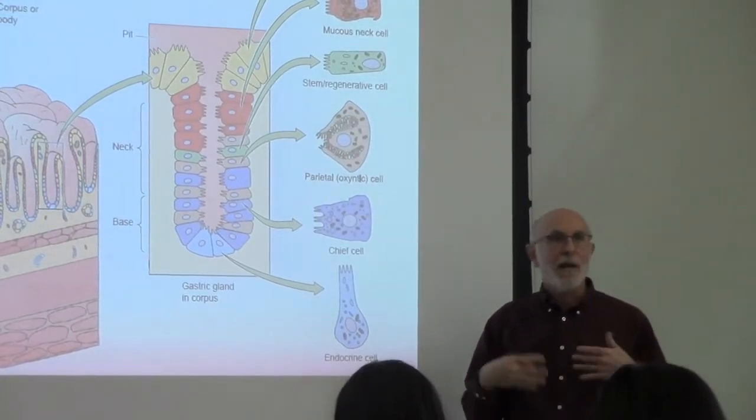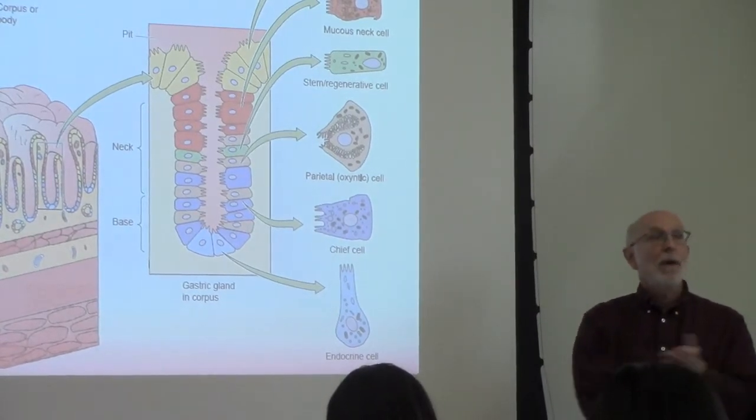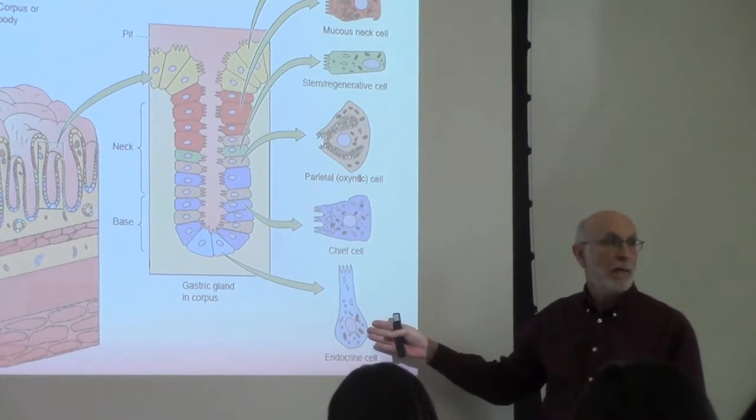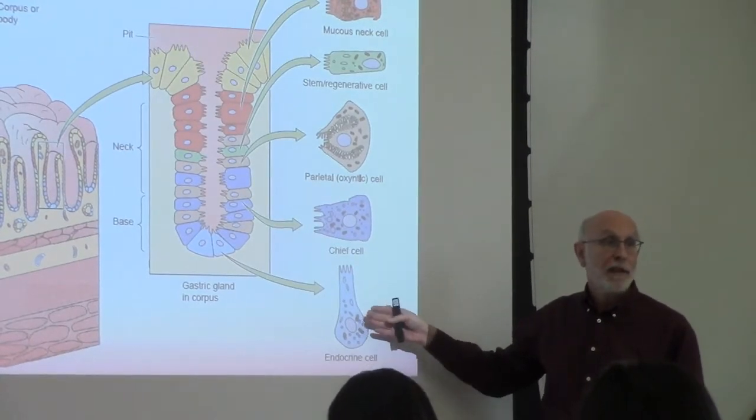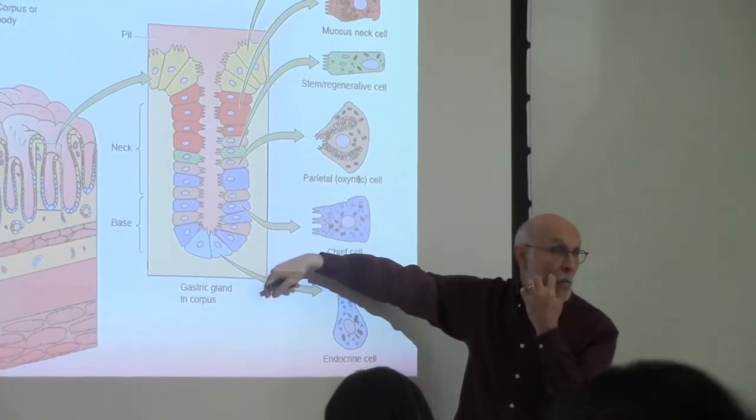Hormones, we don't want to put our hormones into the lumen of the stomach because they would get broken down. We want to put our hormones into the bloodstream. So their secretion is into the blood flow, blood supply.